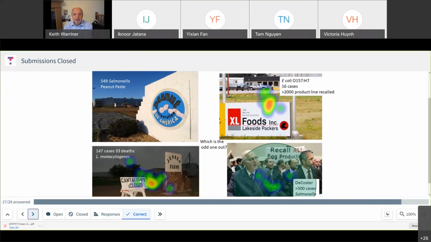They basically got 5 out of 5 in the Peanut Corporation, very good for XL Foods, and the Jensen Brothers got excellent for theirs. Now, the reason why DeCosta's the odd one out is that he actually paid for his. He bribed the auditor physically. Not only bribed the auditor, I think he bribed the FDA inspector as well, which wasn't a good move. They got locked up for life. I think they're appealing the sentence, but they get a bit rough, don't they?